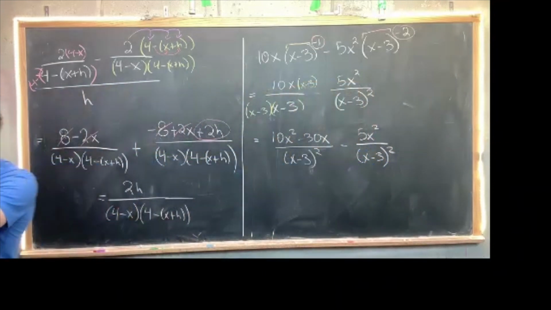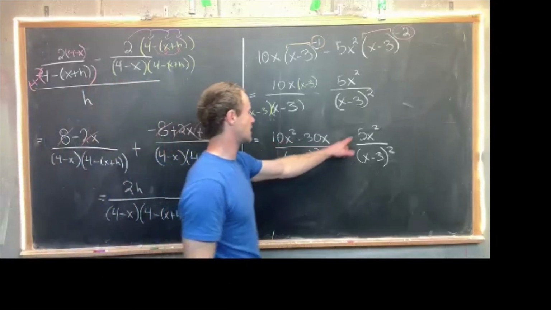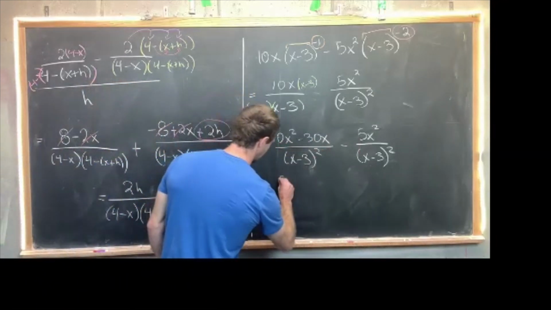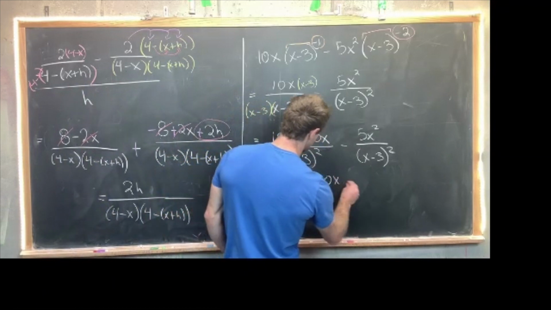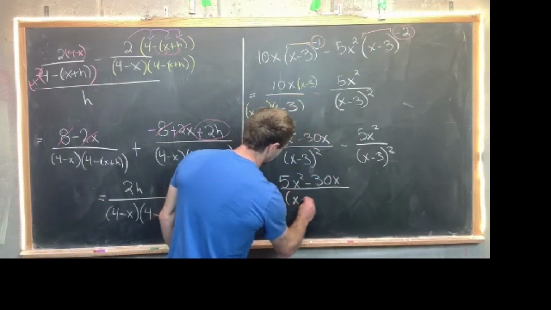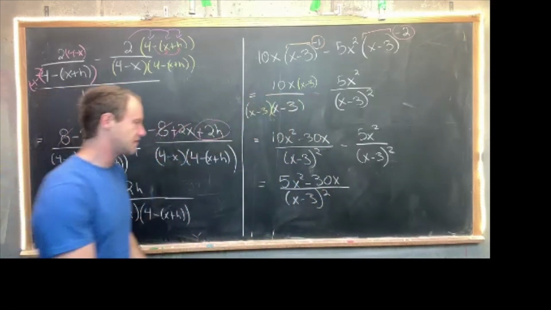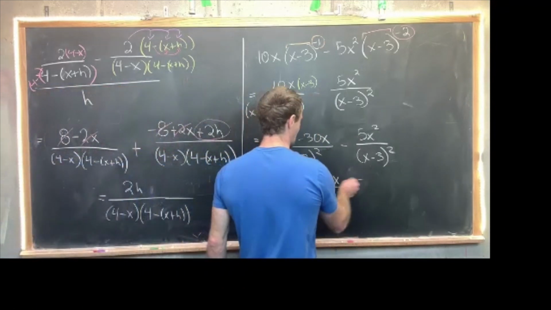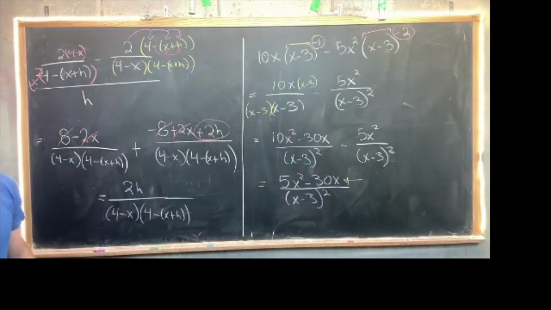And now we're all set to simplify. So we've got 10x squared minus 5x squared. That's going to leave us with 5x squared minus 30x all over x minus 3 quantity squared. And then you might want to try to simplify this by factoring out the numerator to see if it cancels with the denominator.